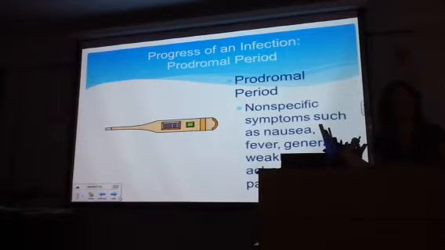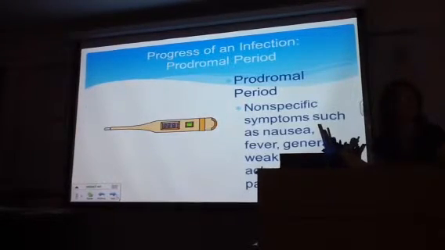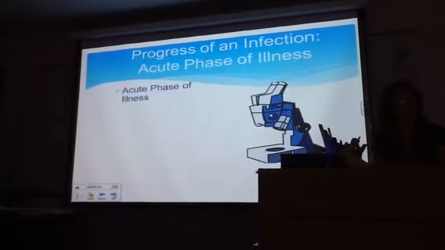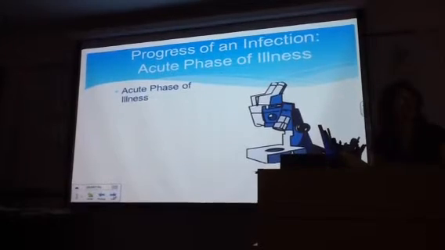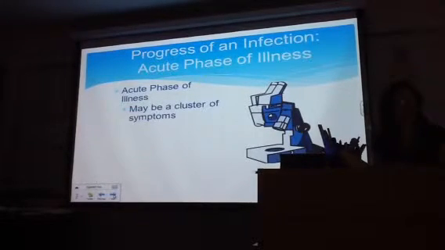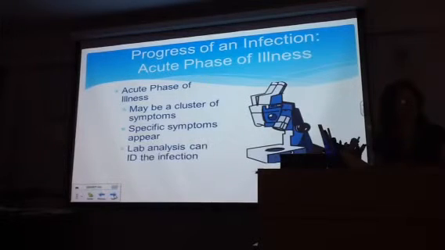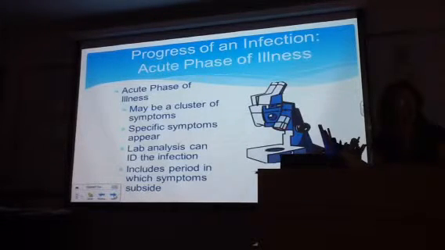The acute phase of illness may be a cluster of symptoms. Specific symptoms appear, and lab analysis can identify the infection. It includes periods in which symptoms subside.